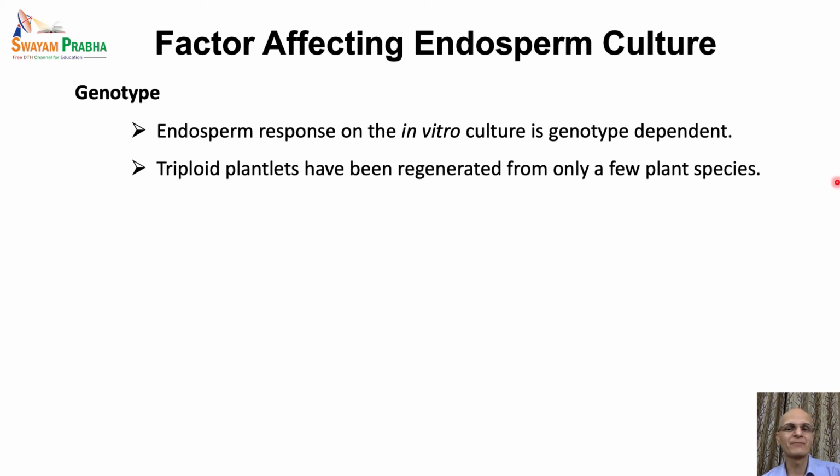Efforts have been made to culture the endosperm from several species, but success stories are available for only a few plants like rice, citrus, eucalyptus, neem, etc. For many of them, though the culture has been established, regeneration of triploid plantlets could not be achieved. Hence, regeneration from the endosperm tissue is technically challenging, and optimization of the endosperm culture could be a tedious process.